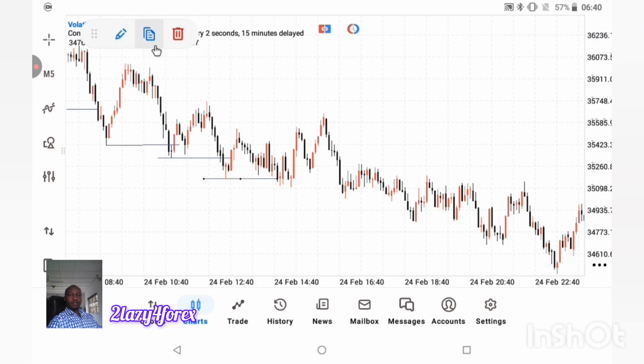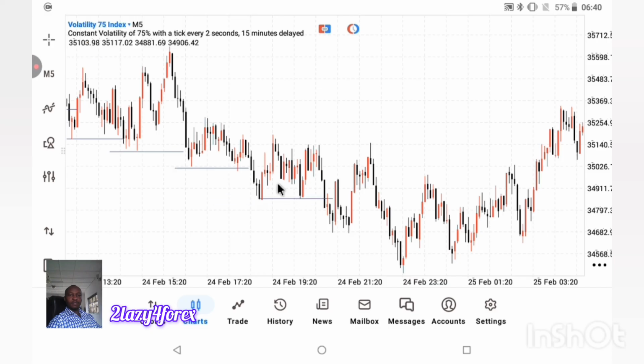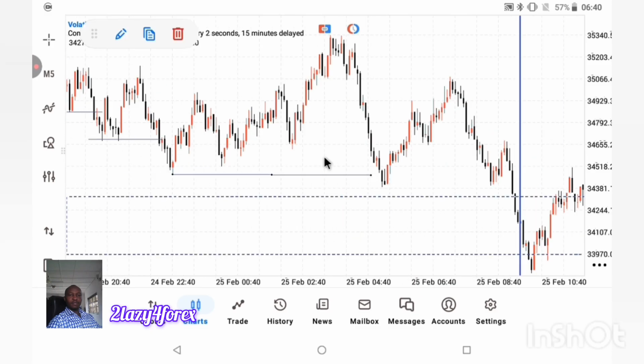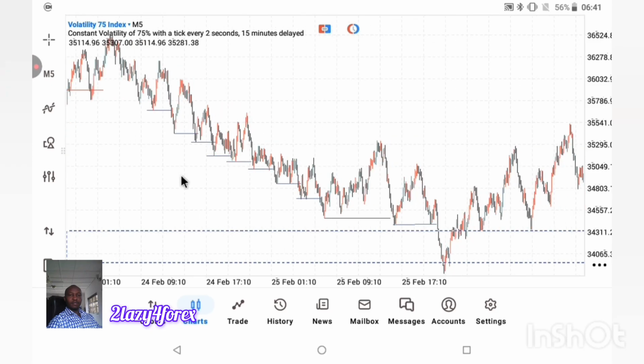Mind you, I'm marking on the chart to show you where it got. This is the leg that got broken. This leg got broken. This leg got broken. So for this strategy, we believe this is a high, this is a high.